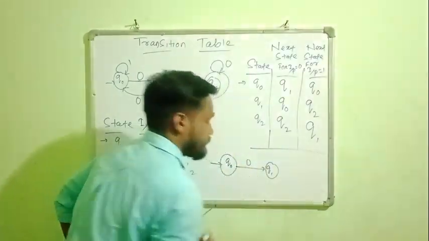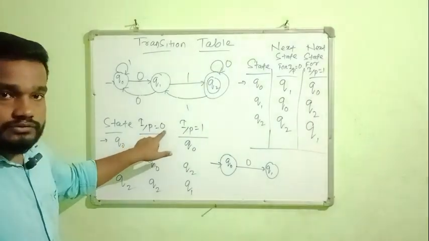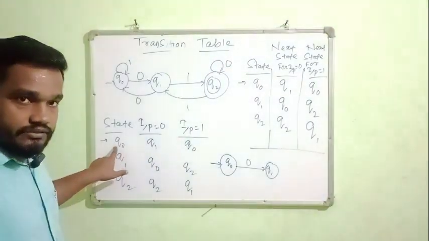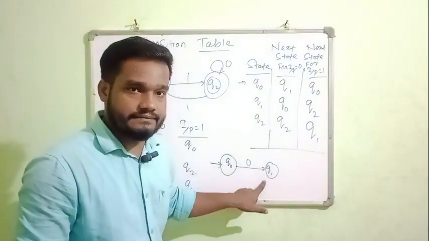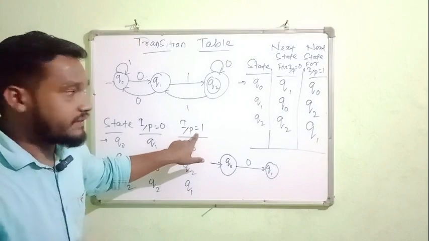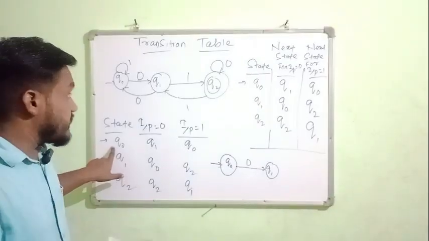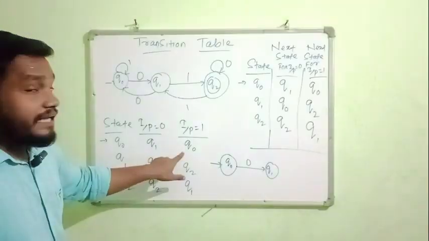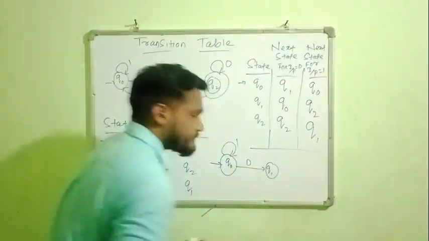Because we got to know if we use 0 in the Q0 state, then we will arrive at Q1. We will simply write here. Then after we will move forward to input 1. If we use 1 as input in the Q0 state, then we will arrive at Q0 itself.